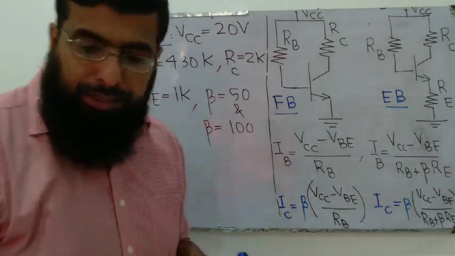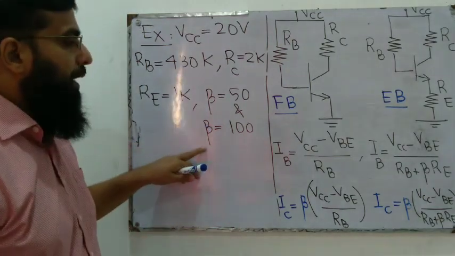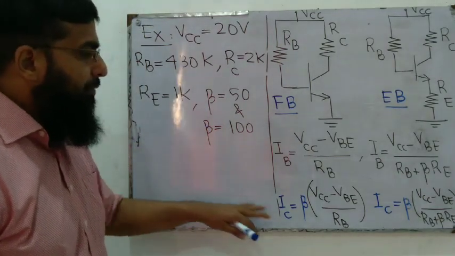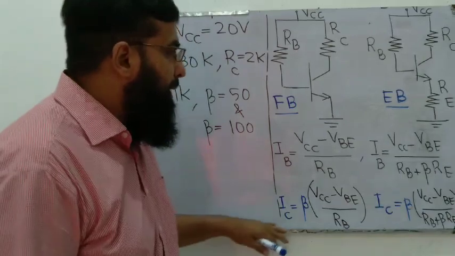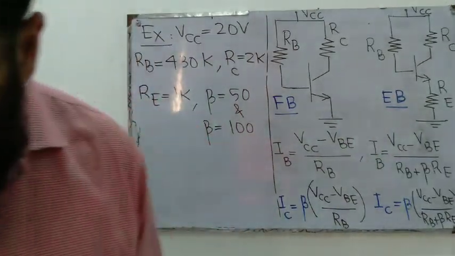We'll see that for these increasing values of beta, we'll compare IC, the collector currents, for these two circuits. Let's make a small table.